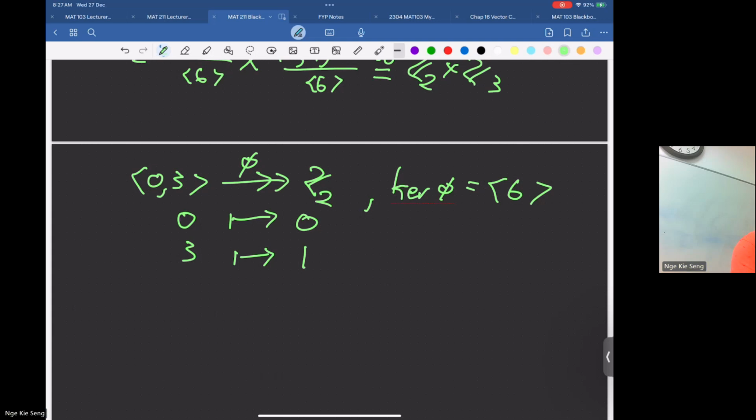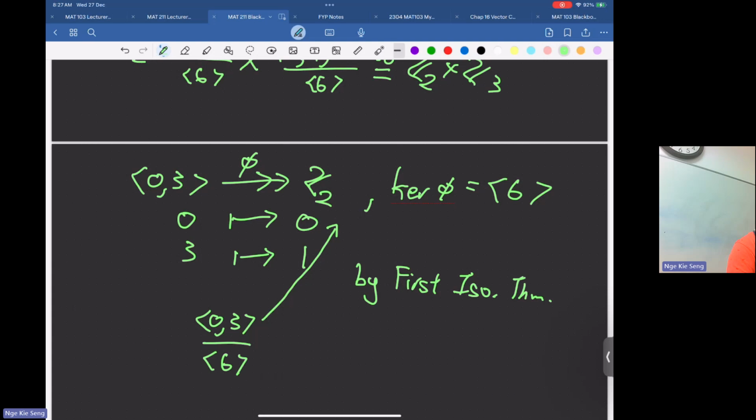Then by the first isomorphism theorem, this ring, or ideal, modded by 6 should be isomorphic to Z2.